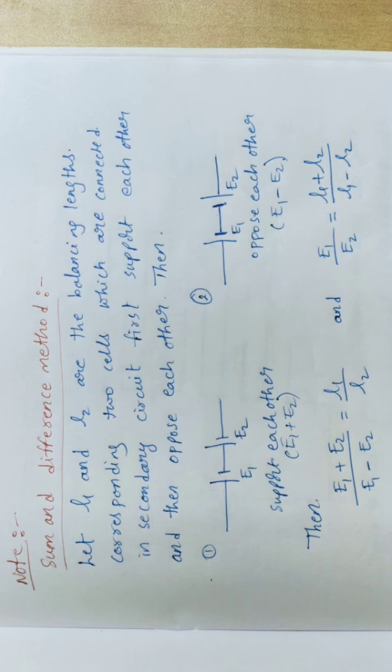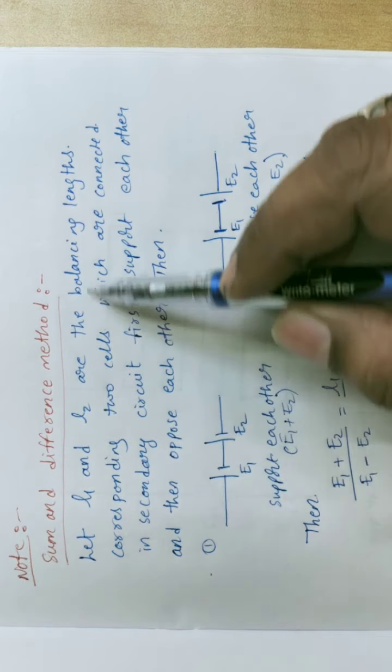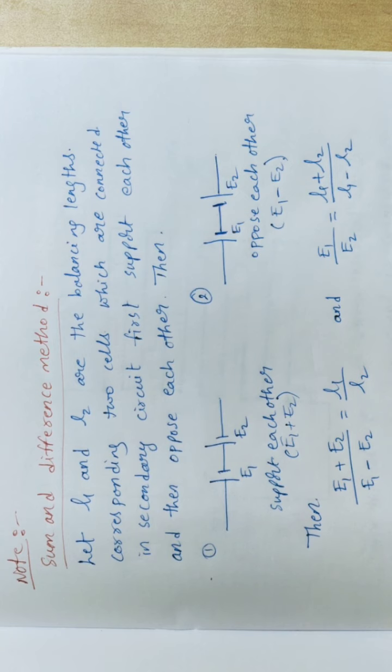In this condition, the net EMF becomes E1 minus E2. Let L1 and L2 be the balancing lengths corresponding to the two cells connected in the secondary circuit, first supporting each other and then opposing each other.